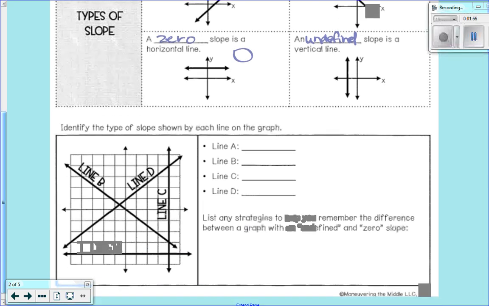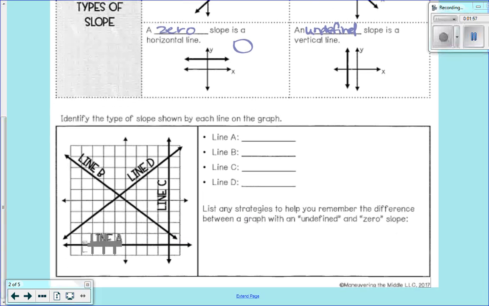All right, so in this little section right here, we're going to identify the 4 different types of slope: zero, undefined, positive, or negative. Line A has a zero slope. Line B, from left to right, because we read a graph from left to right, our line is decreasing, so it's a negative slope.